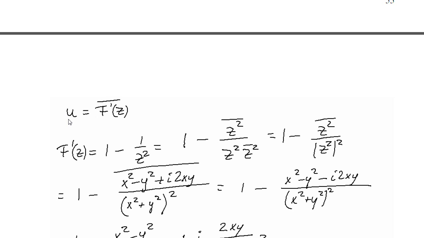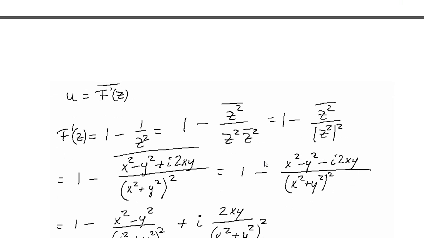We have already seen that u is equal to the complex conjugate of the derivative of the complex potential, and the derivative is this function. And we can do as we did earlier, multiplying with the complex conjugate of the denominator, and we get this, and the product of these two is just equal to the square of the absolute value of these two factors.